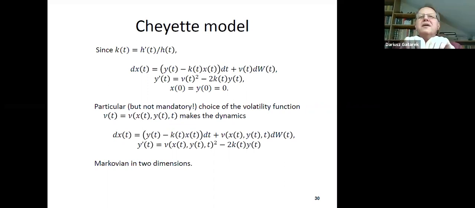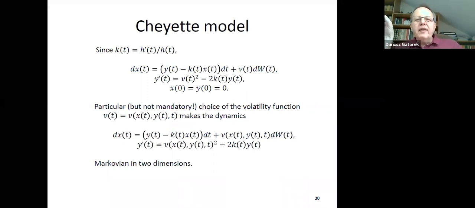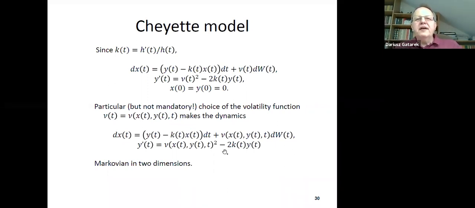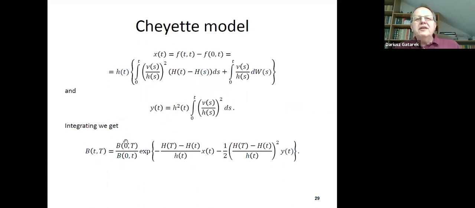So this is a very similar situation as in the short rate models, when one parameter drives the whole yield curve. Here there are two parameters, or 1.5. And we've got this crucial closed form formula for zero coupon bond prices.